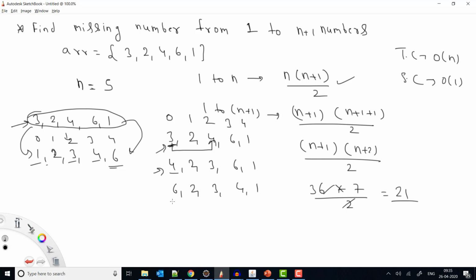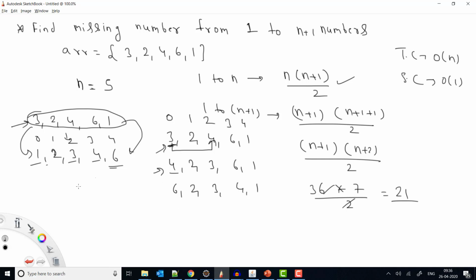Now here the value is 6. We know that the array length is 5. If the value is greater than the array length, it means this is the extra value, right? So in this case, we won't do anything for this and we'll move further.